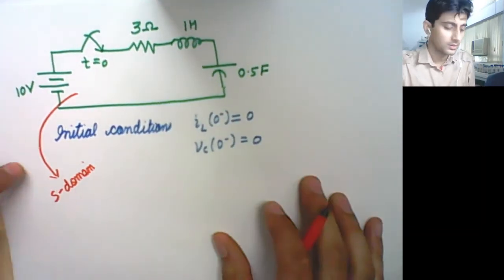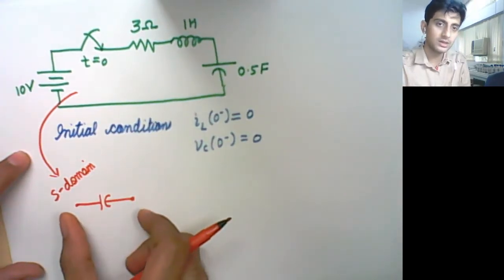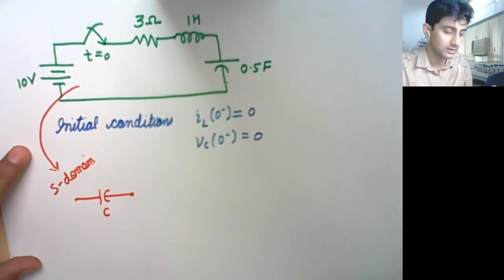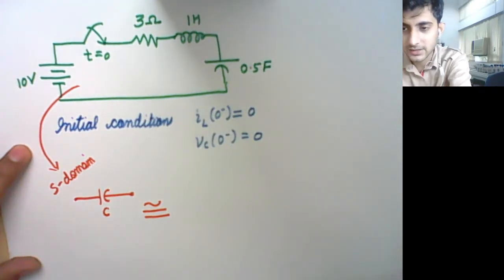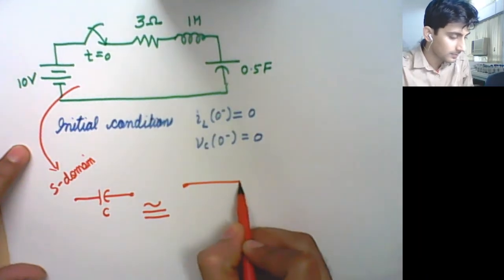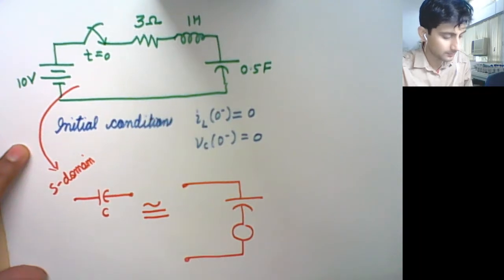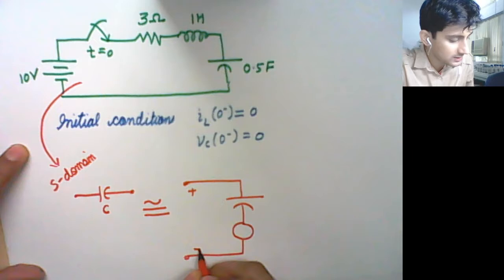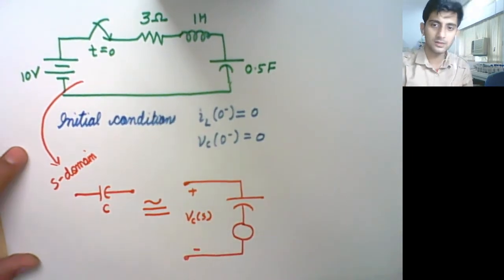I have told you in the last class itself that you can change a capacitance having value C into its S domain equivalent circuit, which is this. Let's say this is our VC in S domain.